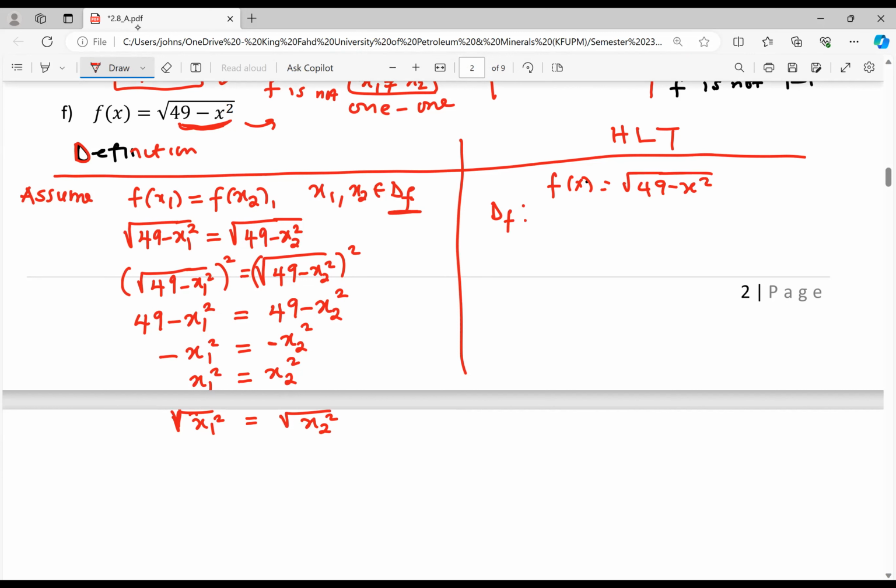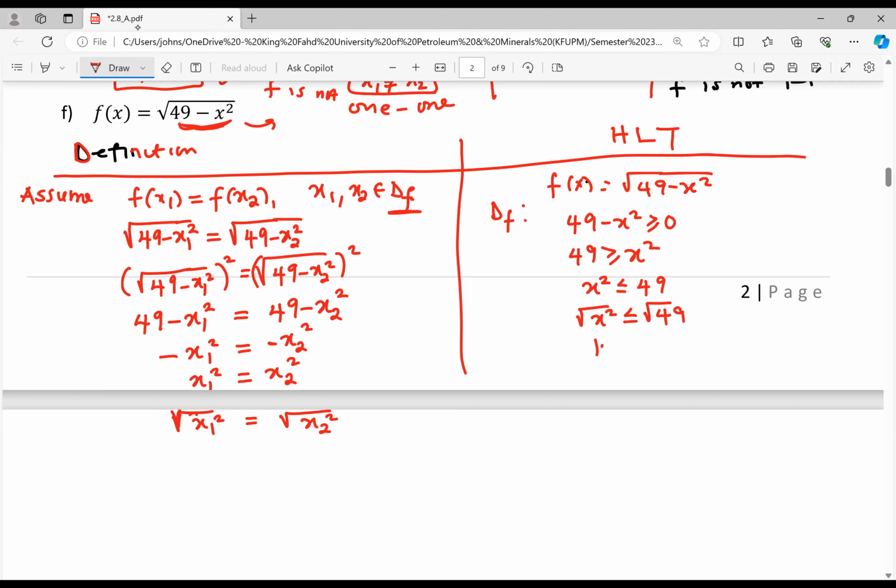So the domain will be 49 minus x squared should be greater or equals to 0. And this means that 49 is greater or equals to x squared. So which means that x squared is less than or equals to 49. Then you can take square root of both sides and square root of 49.